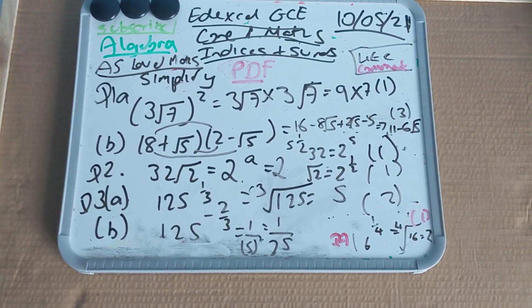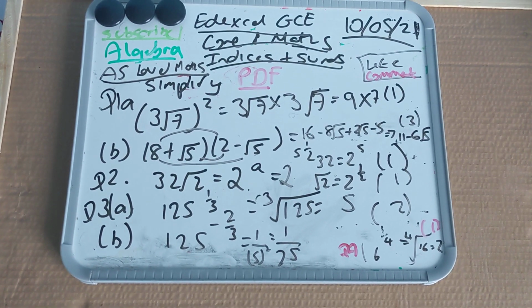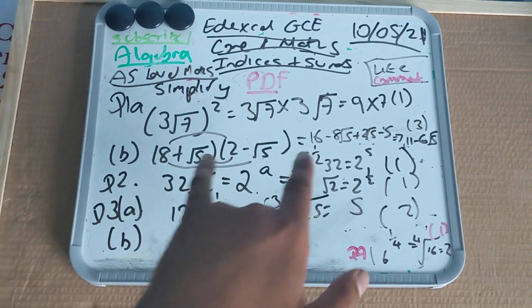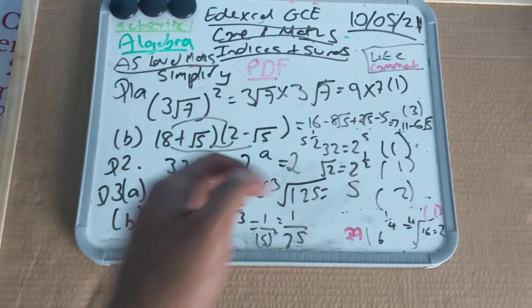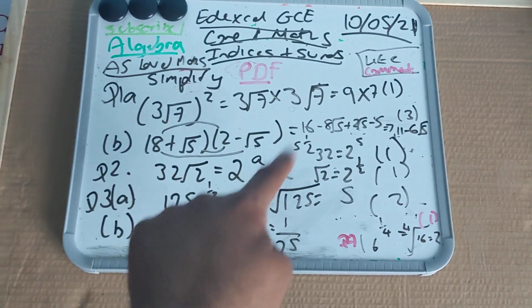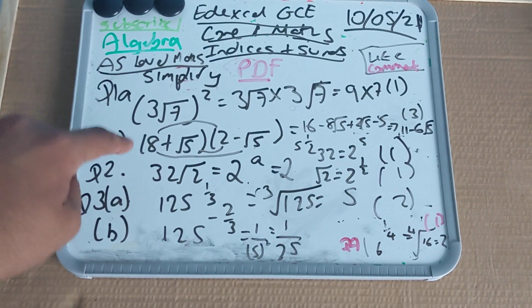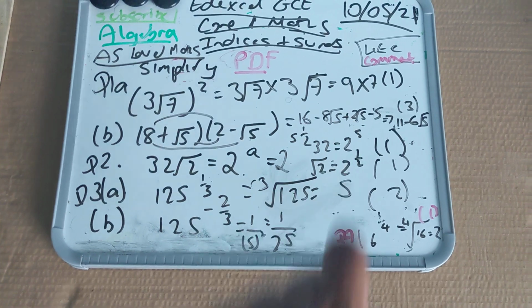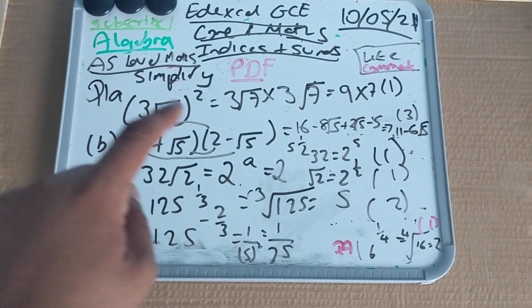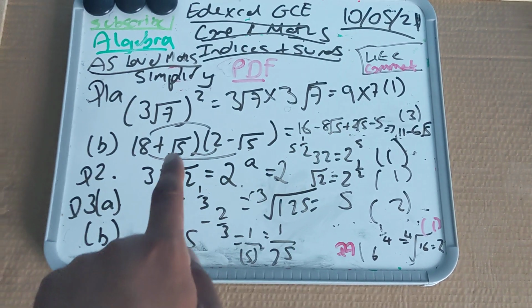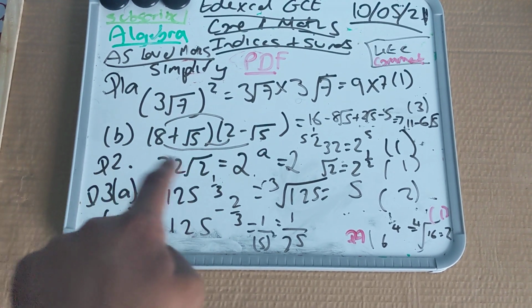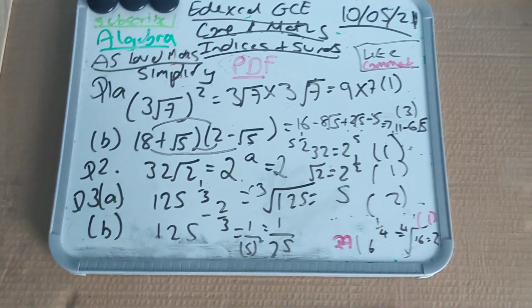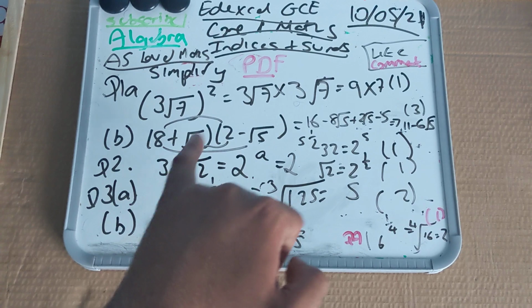Part B says expand this bracket. It is a surds double bracket, so everything in here is being multiplied by everything in here. 8 times 2 is 16, 8 times negative root 5 is minus 8 root 5, negative root 2 times 2 is... and positive root 5 times negative root 5 is minus root 25, which is 5.